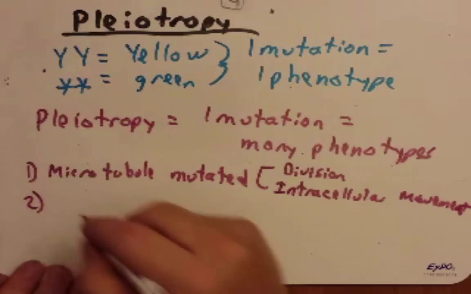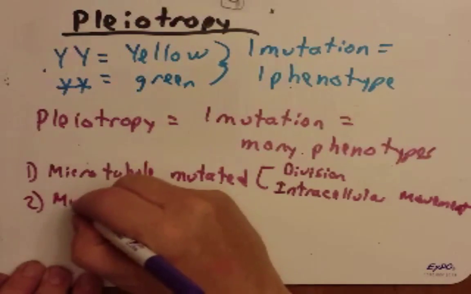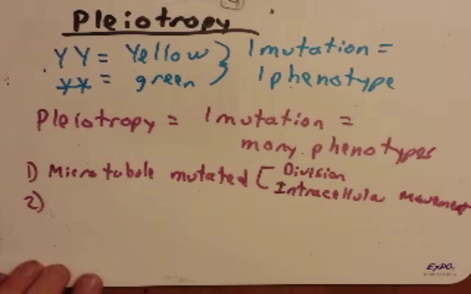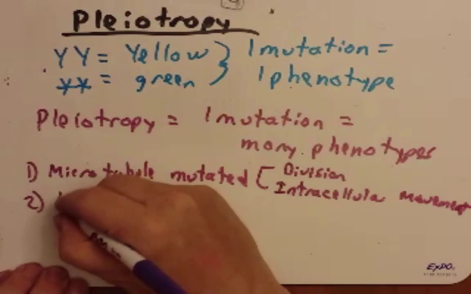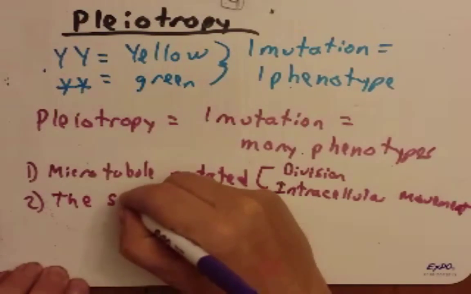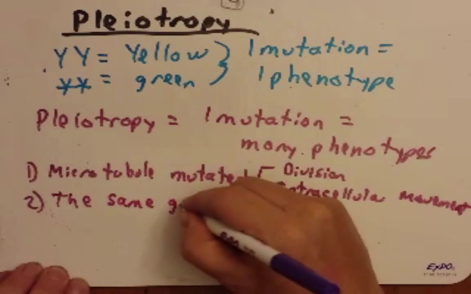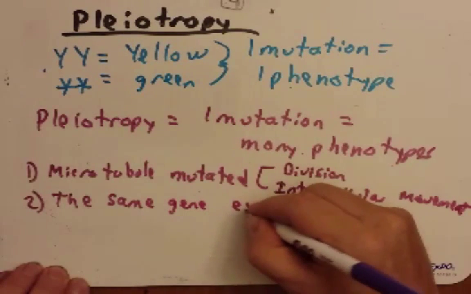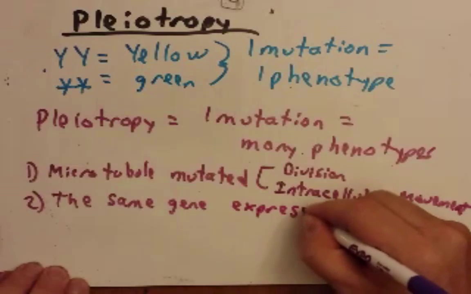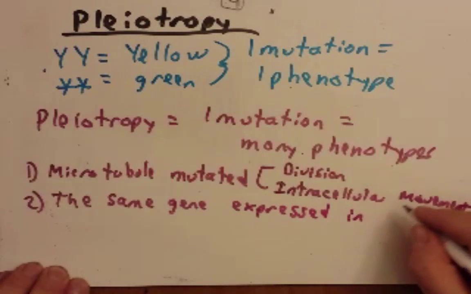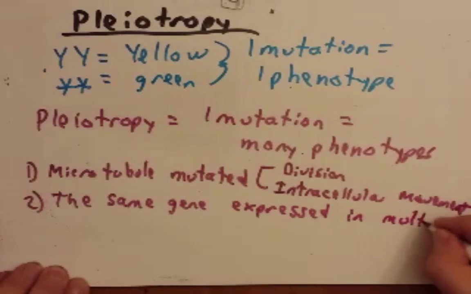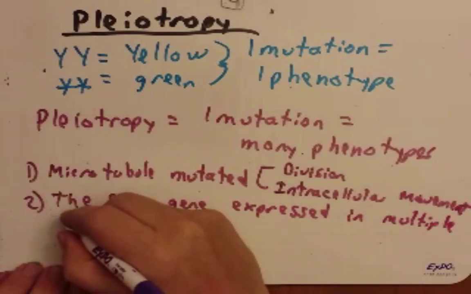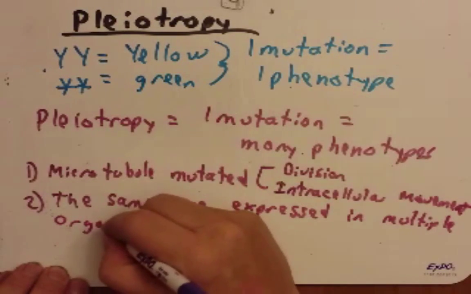And remember, when we were talking about multicellular organisms, the second is when we're talking about more complex organisms that have multiple tissues and multiple organs, you could have the same gene expressed in multiple organs or tissues.